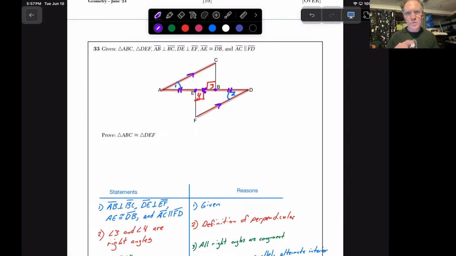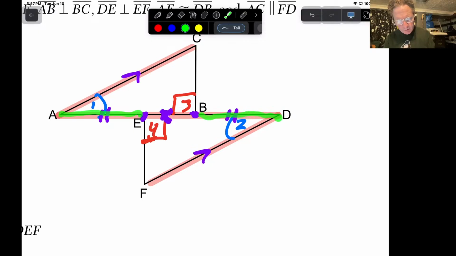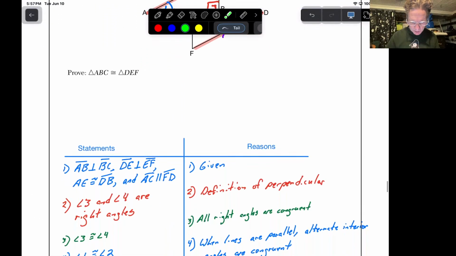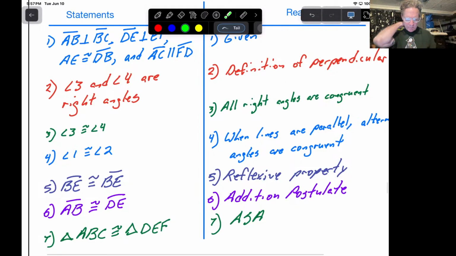So if I know that this part here is congruent to this, right? And then all I'm left with is this piece in the middle. But if that's congruent to itself, I can just add them together, and then I know that those sides of the triangle are congruent to each other. And then that's what I'm going to write in my proof. So I said BE is congruent to BE by reflexive property, and then AB is congruent to DE. So those are those 2 sides of the triangle that I was just showing you. They are congruent by addition postulate.